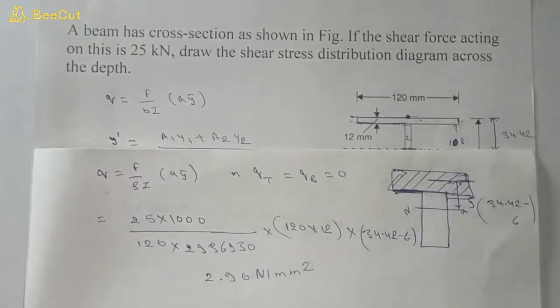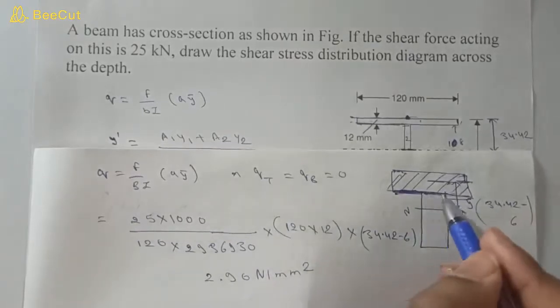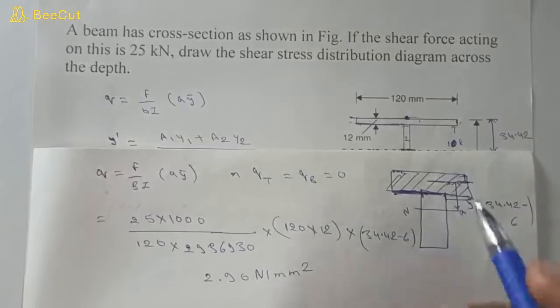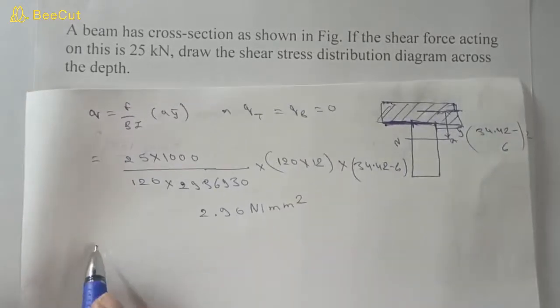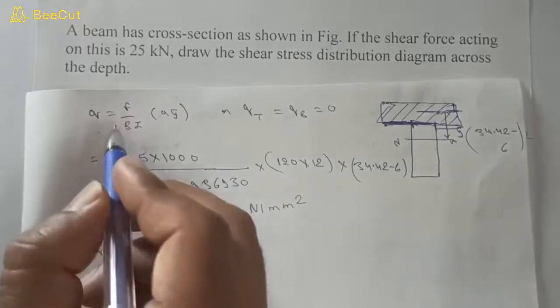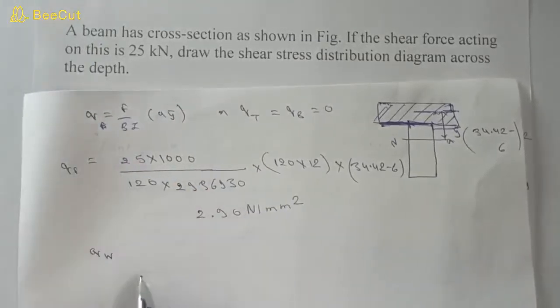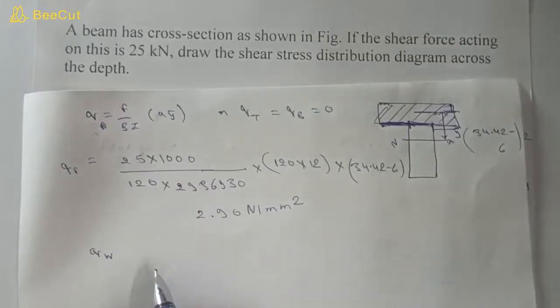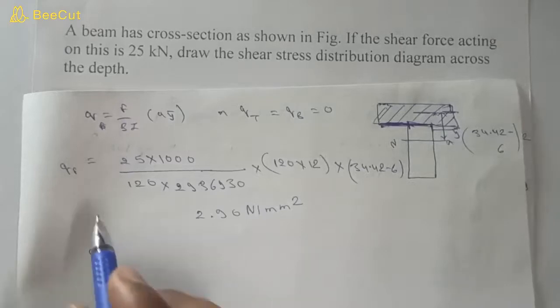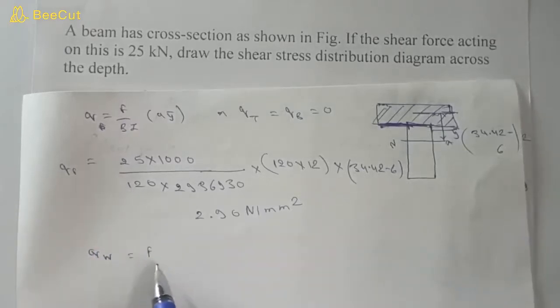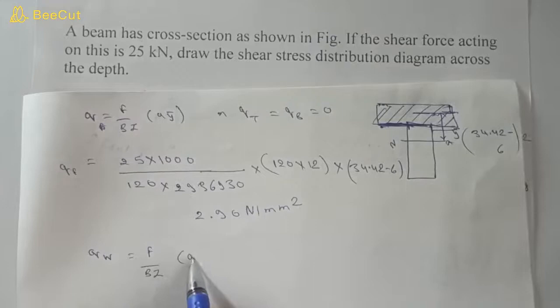If you want to calculate at the same point for the web portion, then the only difference will be Q at web versus Q at flange. The formula is the same, F upon B I into A y bar.